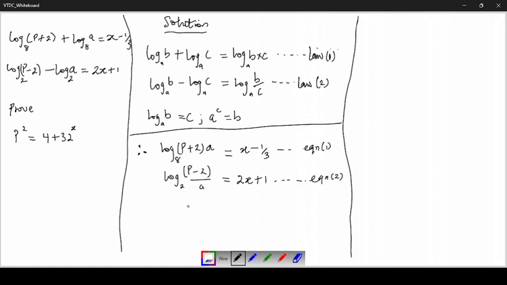The next thing we're going to do is break it down further. We're going to apply law 3 in both equations.